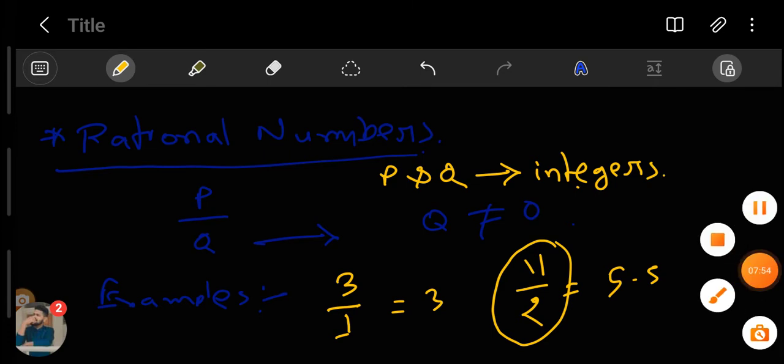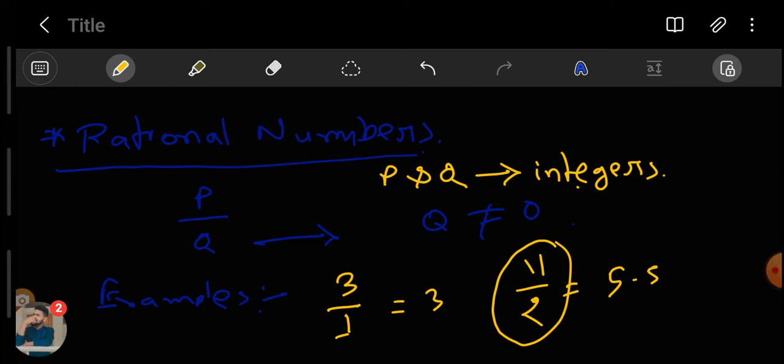Another example will be 5 by 3, that is 1.66666 and so on. Any rational number can be expressed as the ratio of two mutually prime numbers. So all integers and fractions are rational numbers.